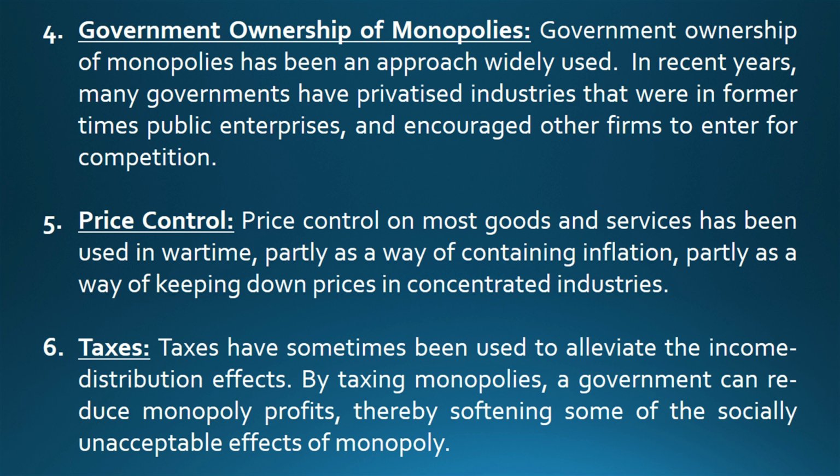Price control on most goods and services has been used in wartime, partly as a way of containing inflation, partly as a way of keeping down prices in concentrated industries. 6. Taxes. Taxes have sometimes been used to alleviate the income distribution effects. By taxing monopolies, a government can reduce monopoly profits, thereby softening some of the socially unacceptable effects of monopoly.